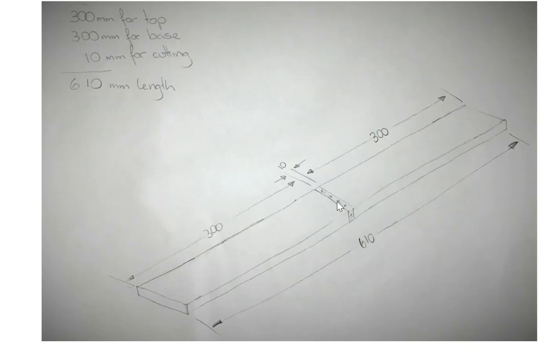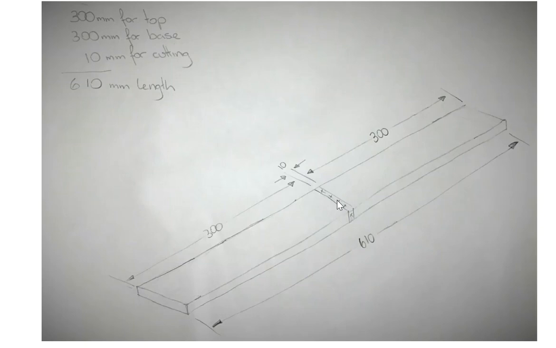And the extra 10 millimeters comes along because we're going to glue all these 610 mil pieces all together. And once it's glued together, we're just going to cut down the middle and all our top and our bottom are then already glued.